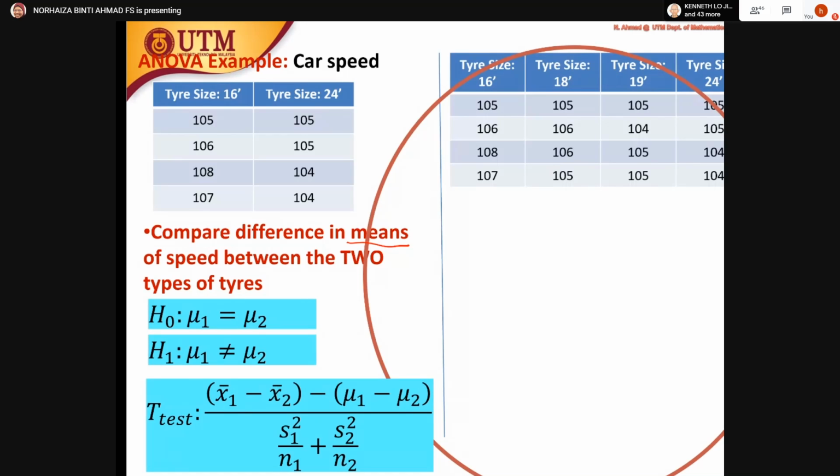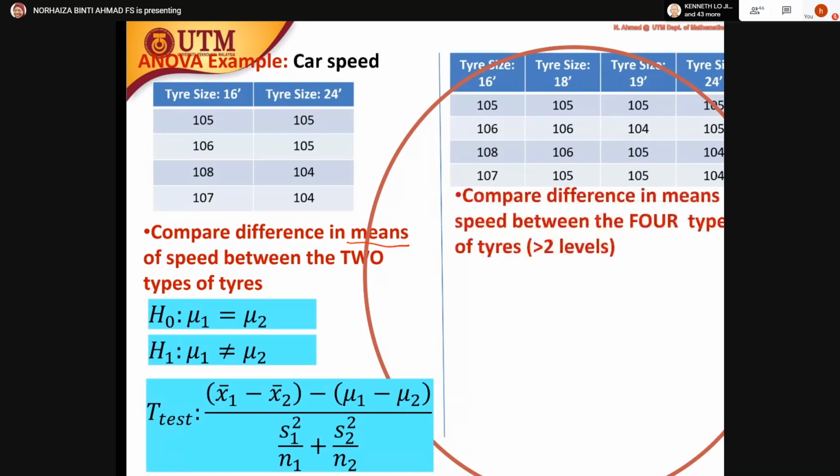This is a t-test. But if you have more than 2 and you want to compare the difference in means, it's the same objective, but here instead of 2 types of tires, you've got 4 types of tires. Therefore, you need to use an analysis of variance.